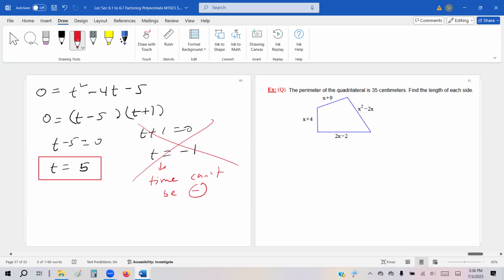The last question, they gave us how many sides does it have? 1, 2, 3, 4. Quadrilateral. They gave us a quadrilateral and all 4 sides, they just wanted to make our life harder. So instead of giving us the length directly, they gave us equations for each length.